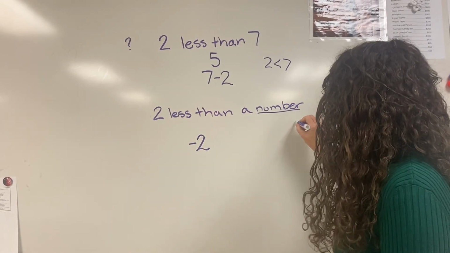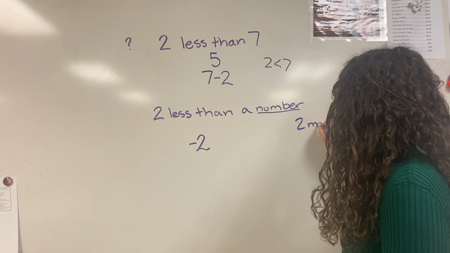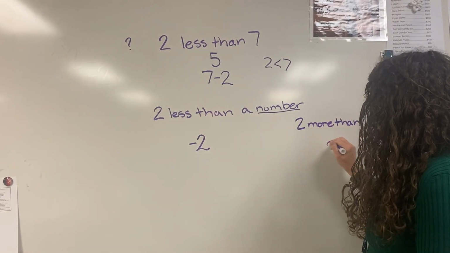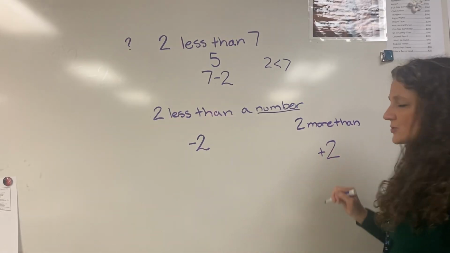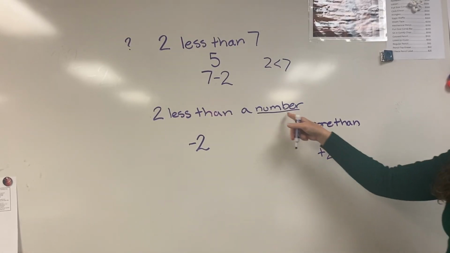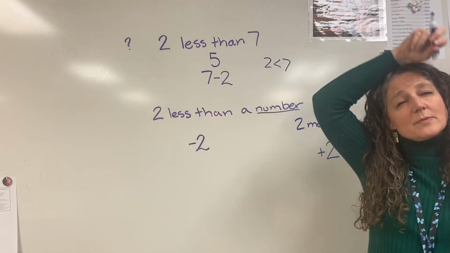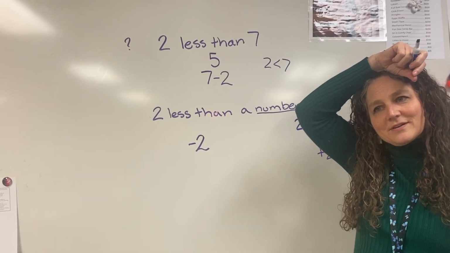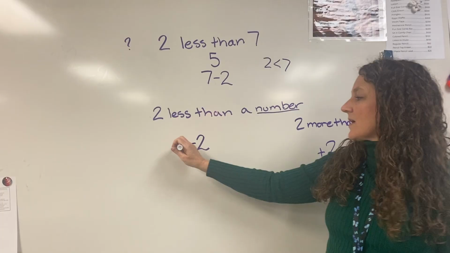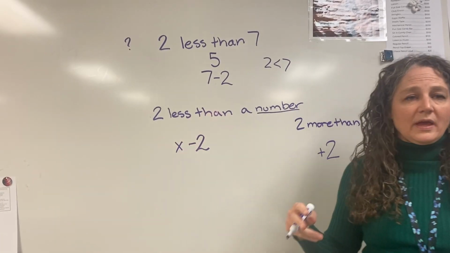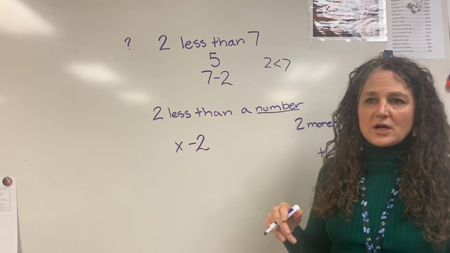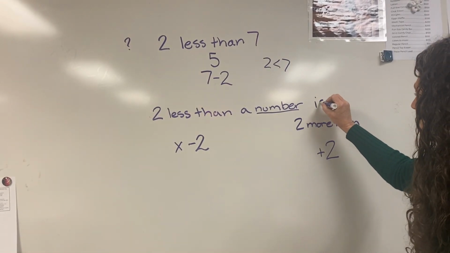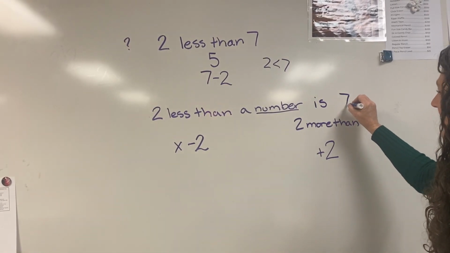When it says 2 more than a number, I actually put the plus sign in front too, just so I'm in the habit of doing that. A number. Do I just pick my favorite number out of my head? No. What do I use? X. You use a variable. X, Q, P. I don't care what you use. Just not E, I, N, O.